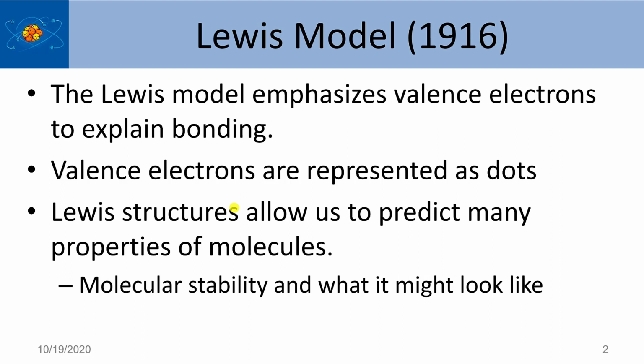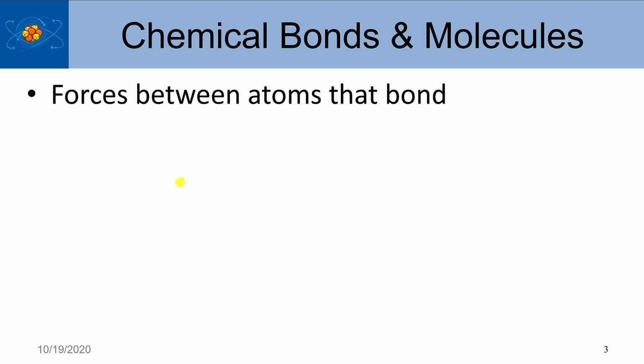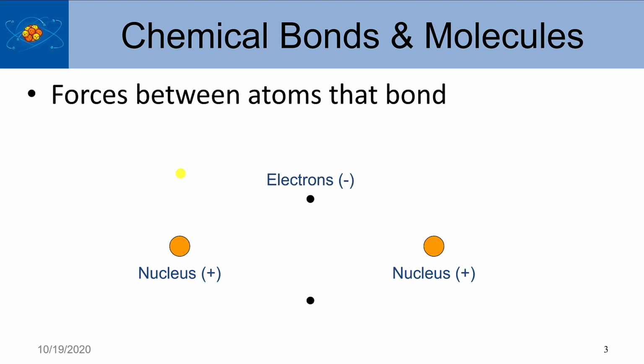So let's review real quickly what the forces are like between atoms that would be bonded. The basic components of forces of attraction between atoms would come from the nuclei, which have positive charges, and the electrons, which have negative charges. Now, according to Coulomb's law, right, opposites attract, so there will be a force of attraction between the nucleus and the electrons.